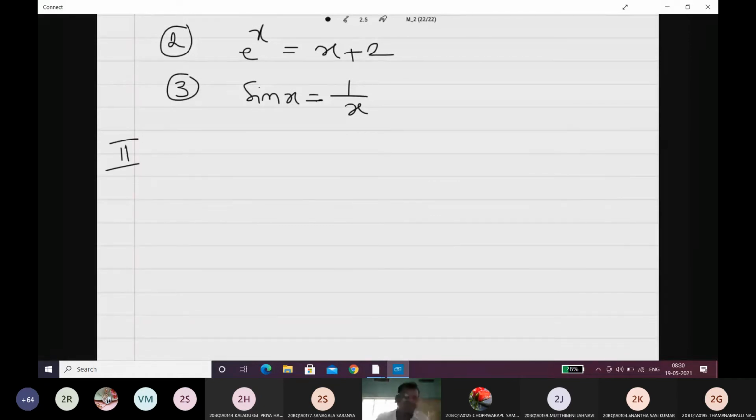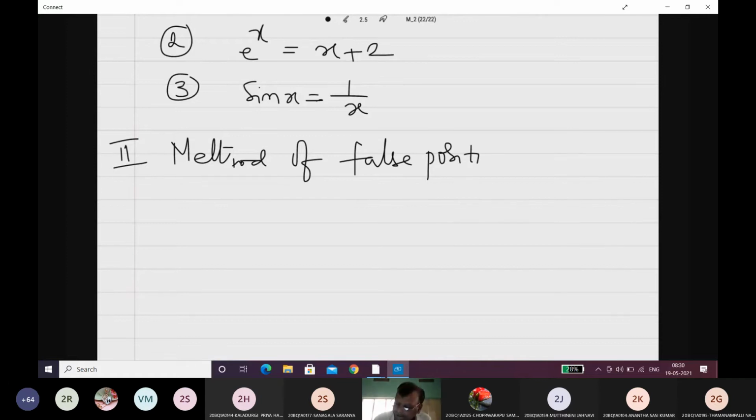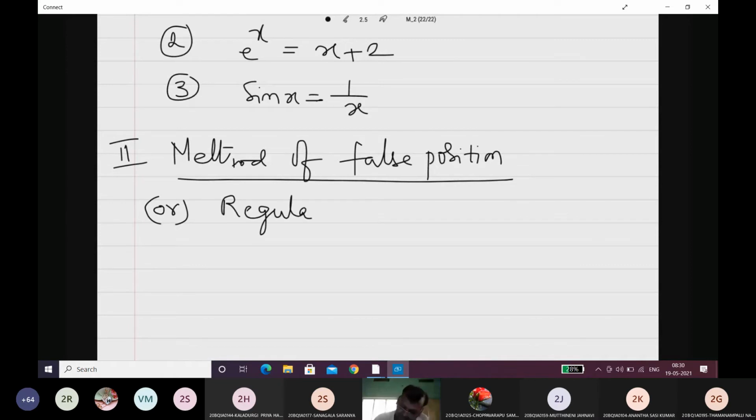This is the second method, and it is also a bracketing method.